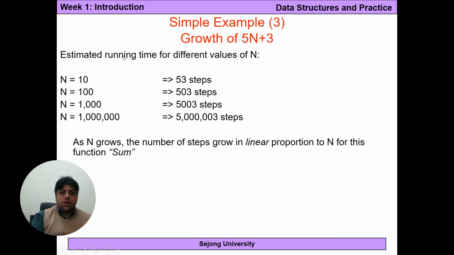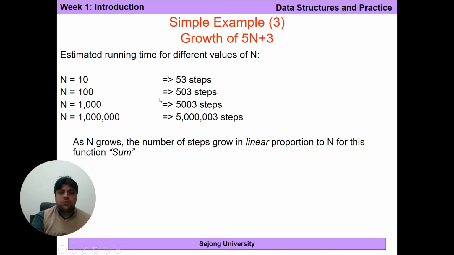If I want to find the estimated running time for different values of n, if I take n equal to 10, I put it here: 5 into 10 is 50 plus 3, 53. It would be taking 53 steps. If the value of n is 100, it would be taking 503 steps.